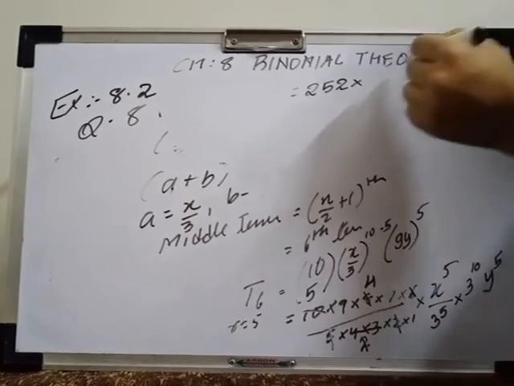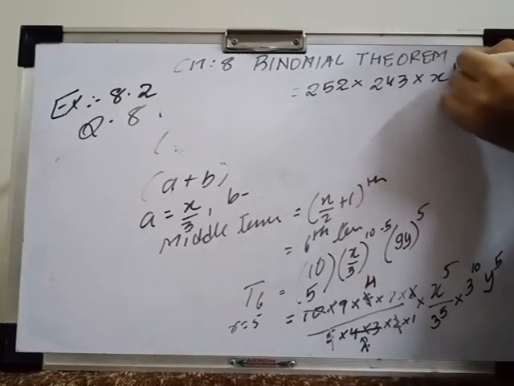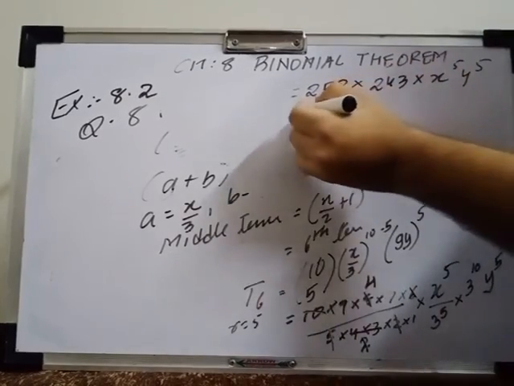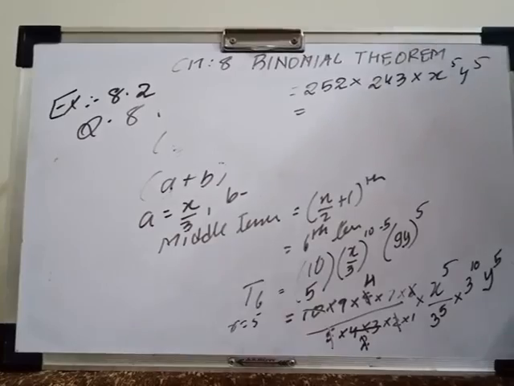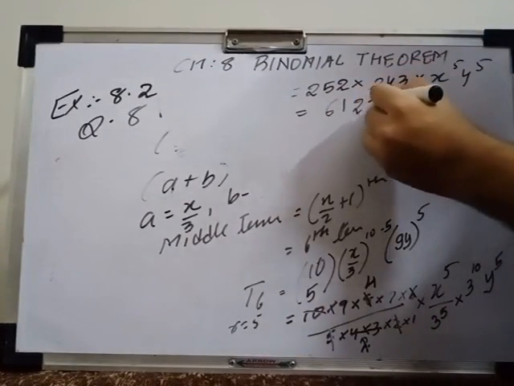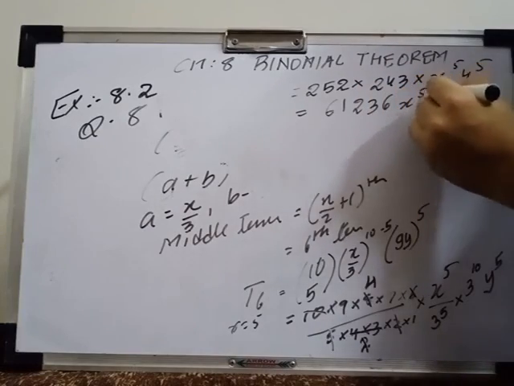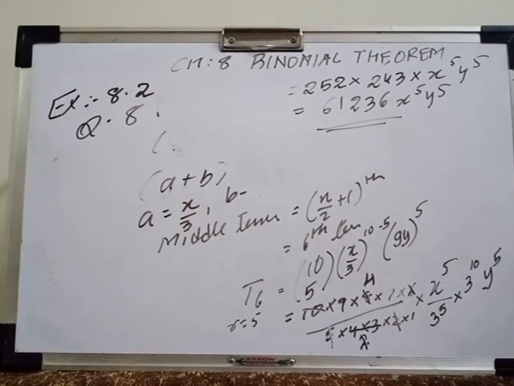Yes, it is 243 into x raised to 5 y raised to 5. So I will multiply 243 into 252. So my answer is 6123 x raised to 5 y raised to 5. So this is my middle term in the given expansion.